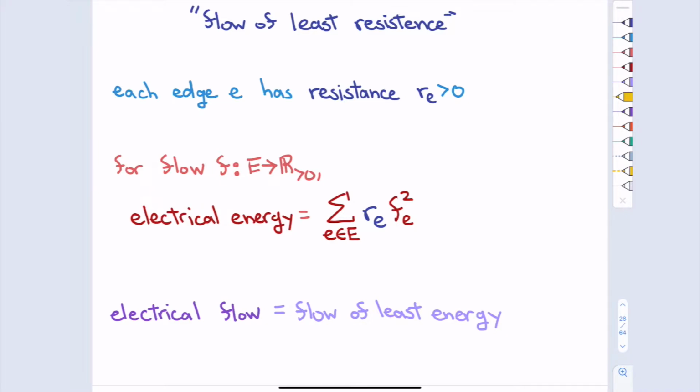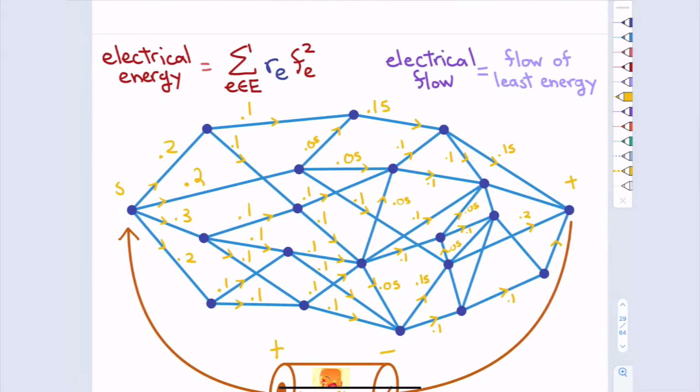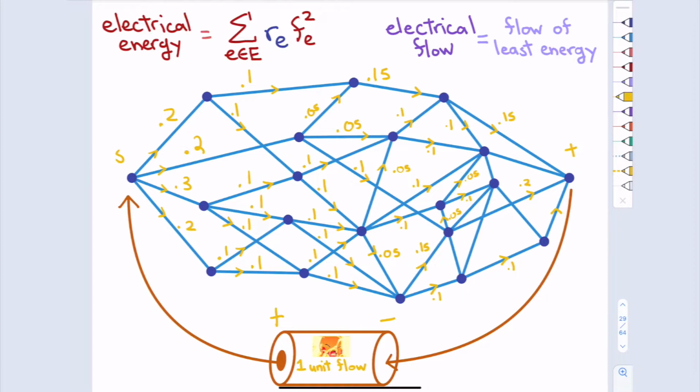So what does that imply? For something like this, which is not the actual electrical flow, I just drew something, in general it's going to want to spread out the flow around many edges, right? Because if I send 0.2 units of flow along this edge, the energy is 0.2 squared. Those small numbers get squared and really go down.